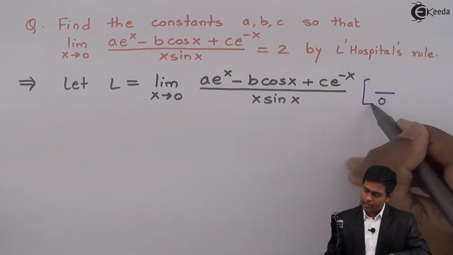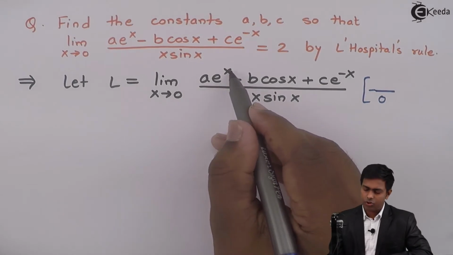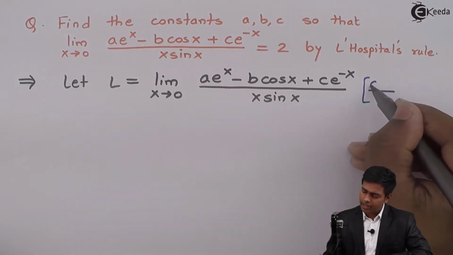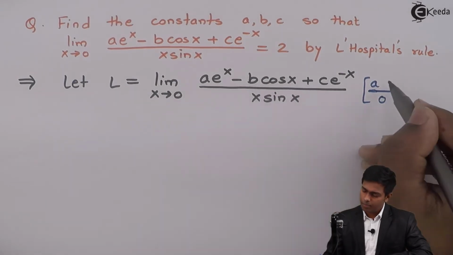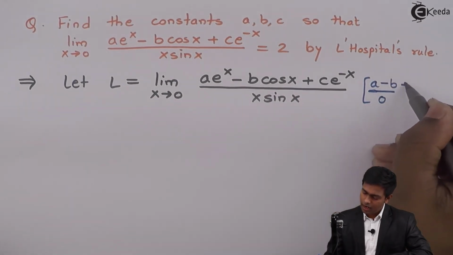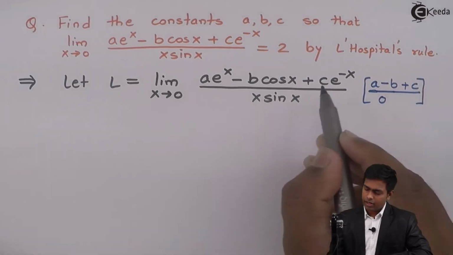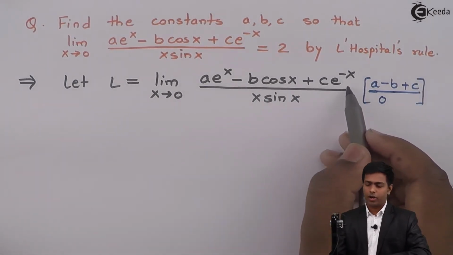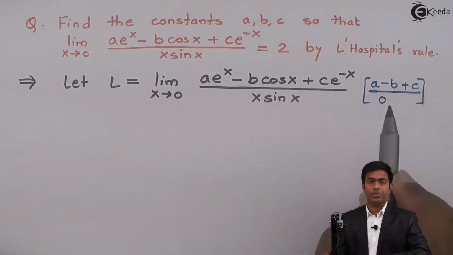But in the numerator we will get e^0, that is 1, so 1 times a is a, cos 0 is 1, so minus b, and plus c because e^(−0) is also 1. So we are getting (a − b + c) upon 0.